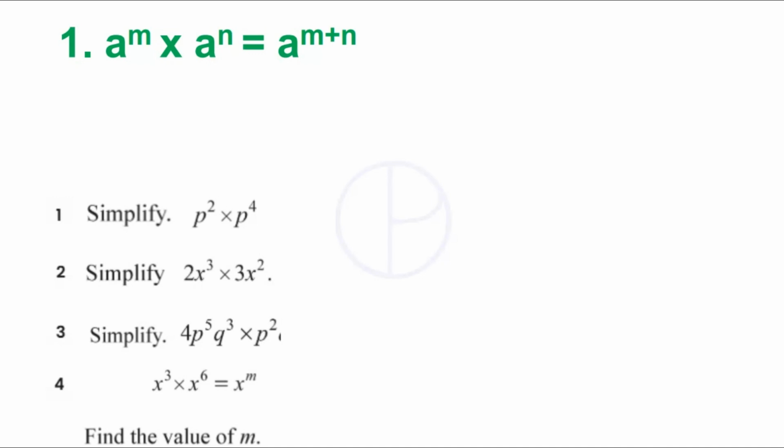For example, 2 power 2 multiplied by 2 power 3. This can be written as 2 times 2 multiplied by 2 times 2 times 2.